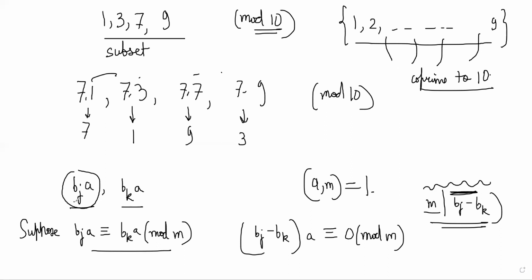So BjA and BkA would be among the co-prime ones. So we are selecting 4 out of the 9 possibilities: 1, 3, 7, 9. Using just these 4 and multiplying by A will give us Euler's theorem.